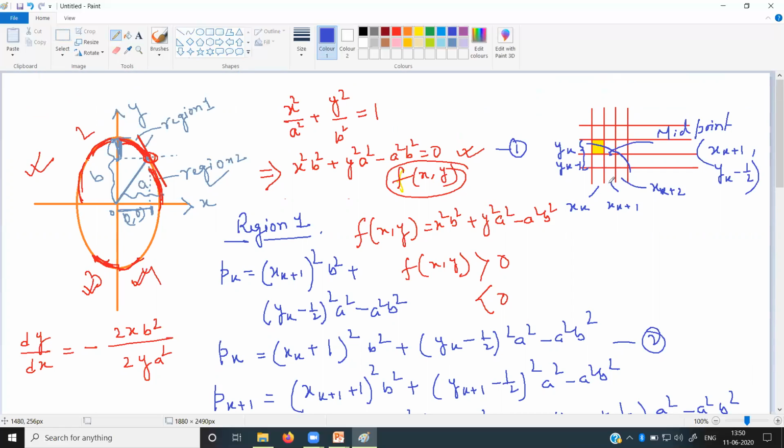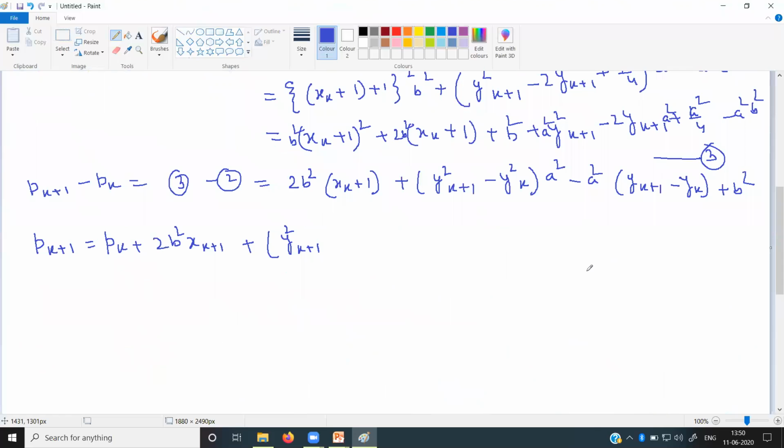So in our k plus 1th iteration, the y value can be either yk or yk minus 1. Again I am repeating the same thing, don't get confused. Yk plus 1 means the y value for the k plus 1th iteration. So it can be either yk or yk minus 1. So we will keep it as it is, a square minus y of k plus 1 minus yk, a square plus b square.